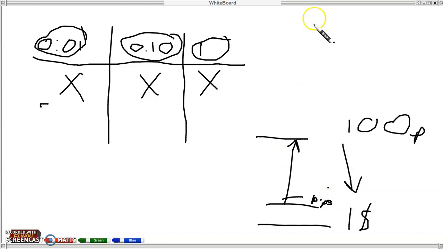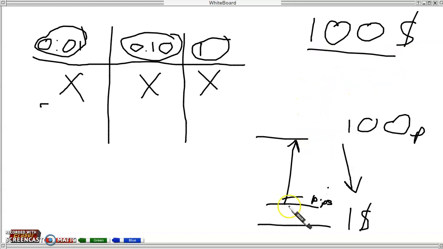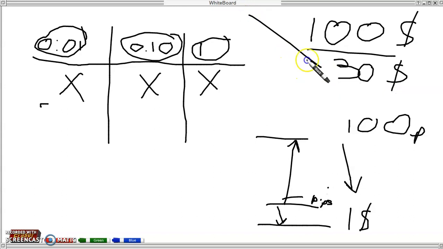You must remember, brothers and sisters, if you have $100 in your account and you trade with one standard lot, and for instance your stop loss is about 30 pips, this means you're risking $30 in your stop loss, and that is basically bad, because that is you risking 30% of your account, which is very bad.